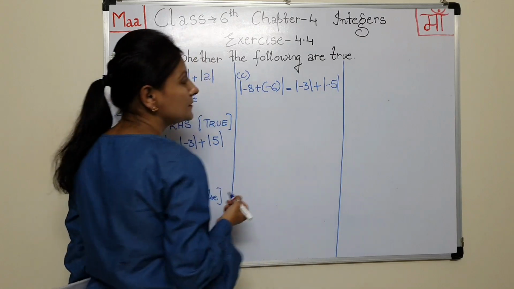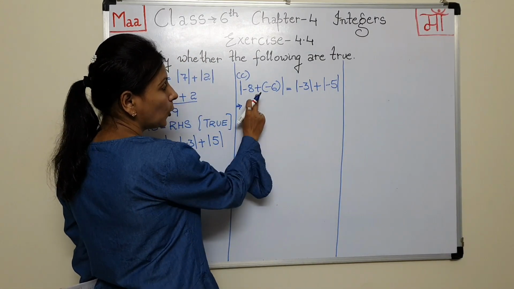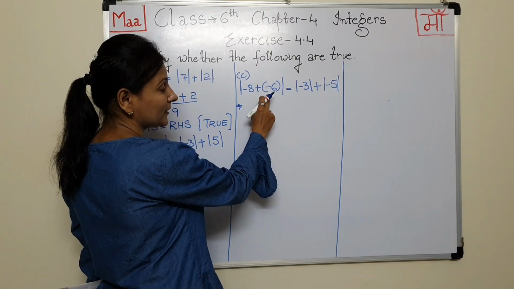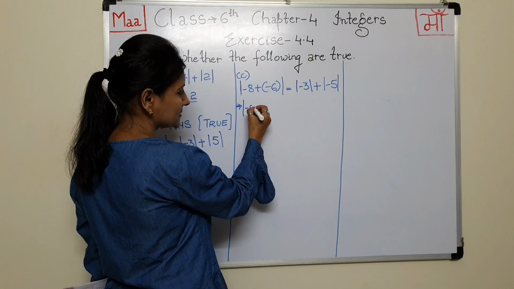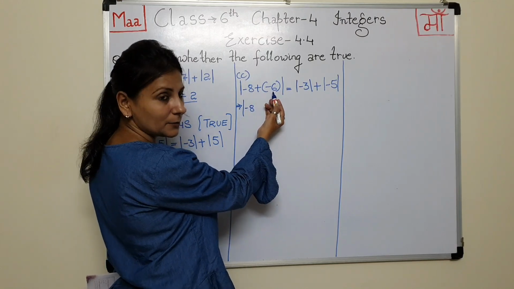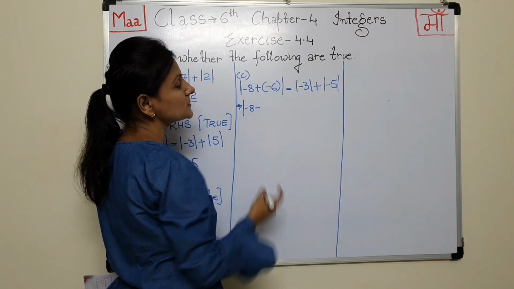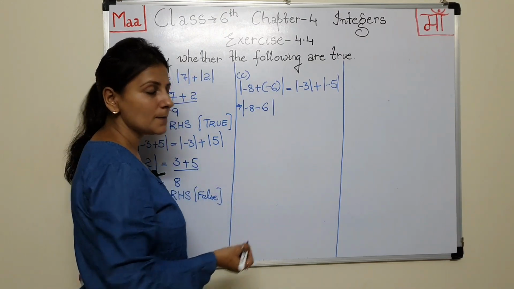So this is the next part. Start solving it. Firstly you will open the bracket inside the bar. So make the bar, write down minus 8 as it is, plus outside the bracket, minus inside the bracket. So plus minus is minus, one sign will come, then put 6 like this, close the bar.